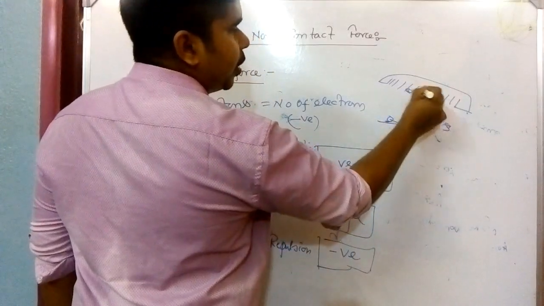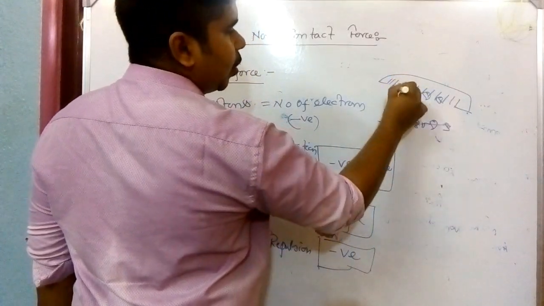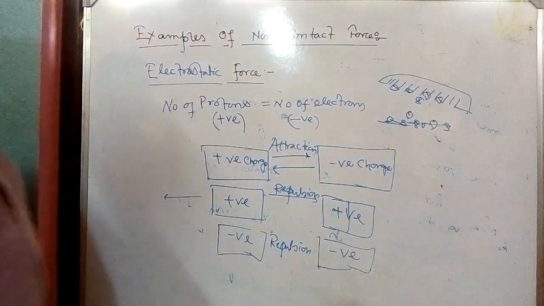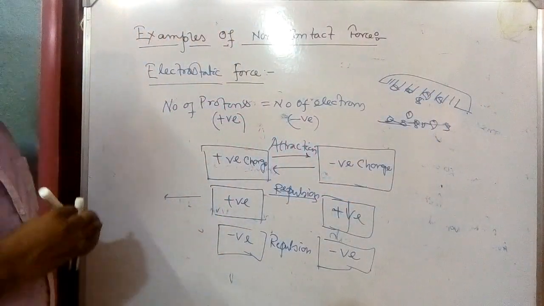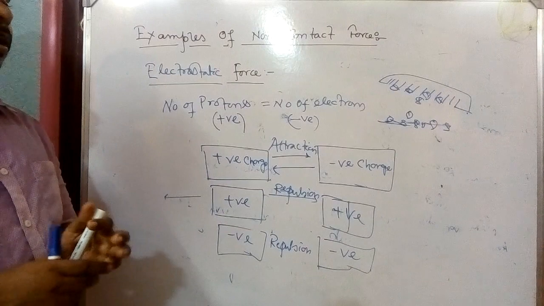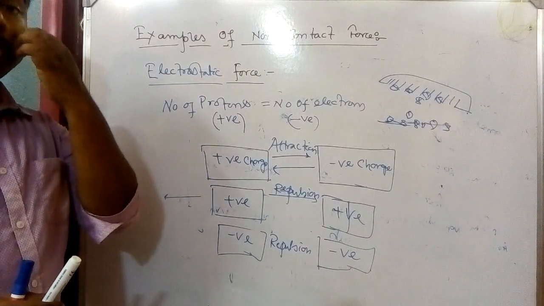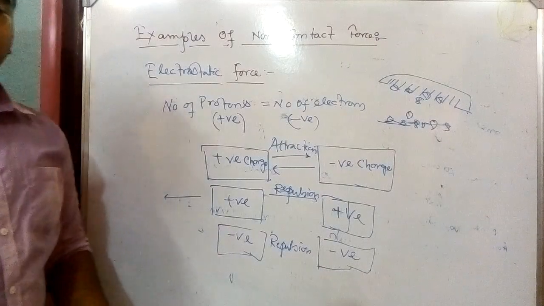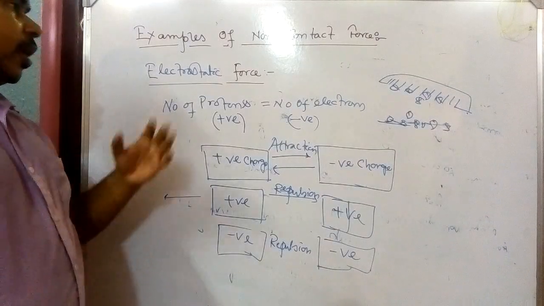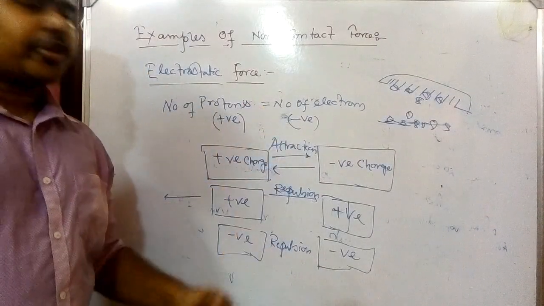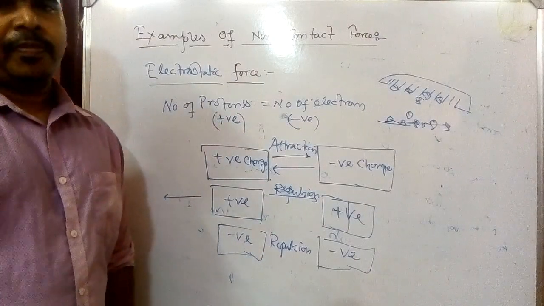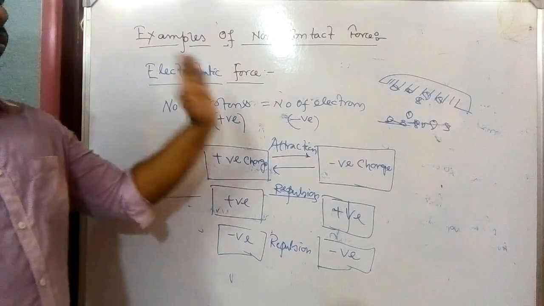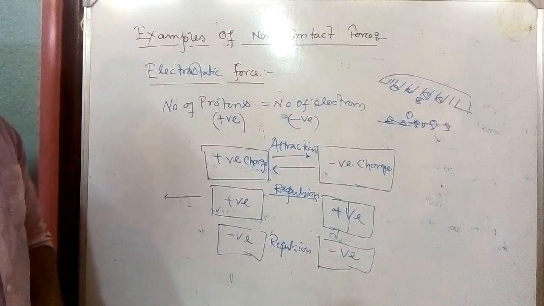You will see the pieces of paper are attracted towards the comb. So this kind of force is known as electrostatic force, which acts between two charged bodies. If a body anyhow gets some charge, here also no connection is needed between them. That is also known as non-contact force.